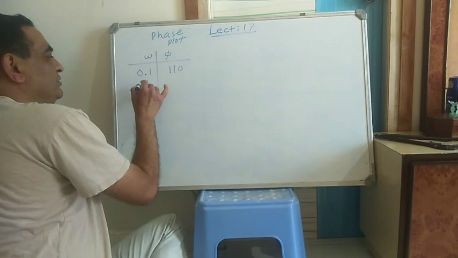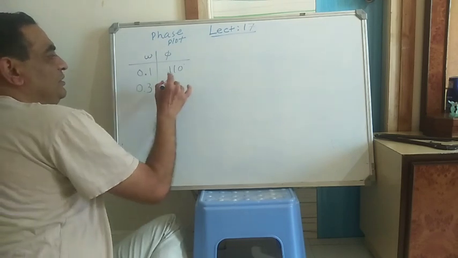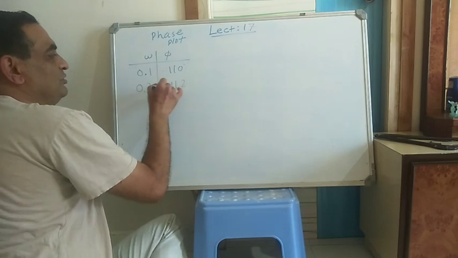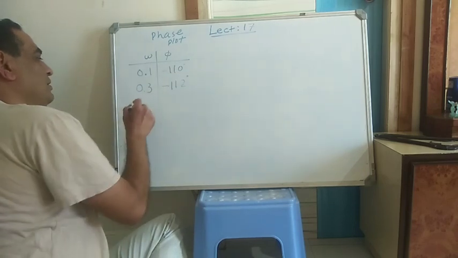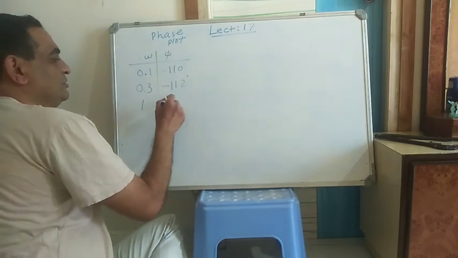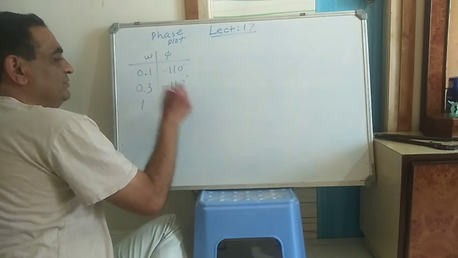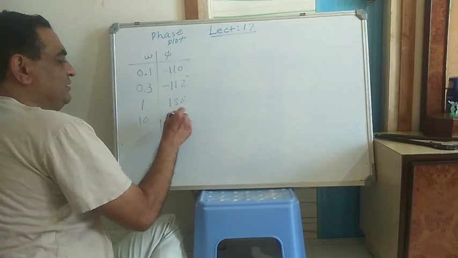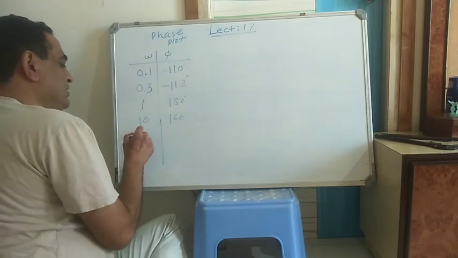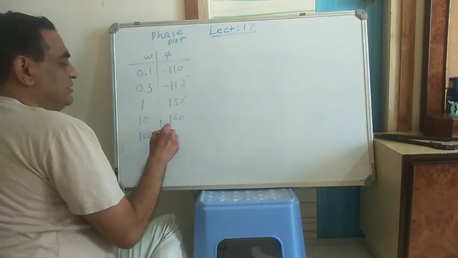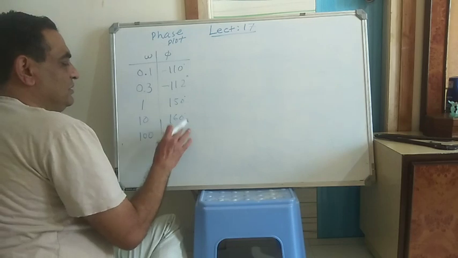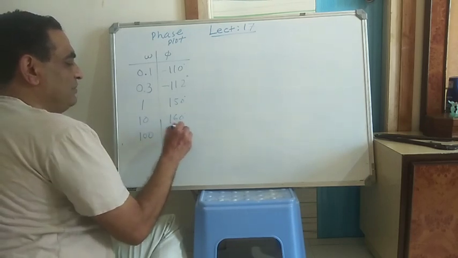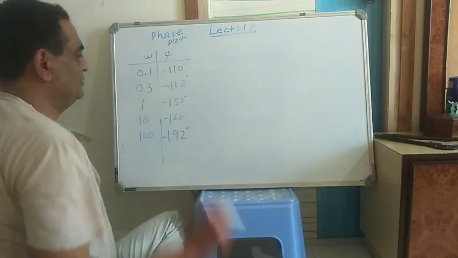Let's say 0.3, it was, let's say, minus 112 degree. Let's say 1, it was minus 150 degree. Let's say 10, it was minus 160 degree. Let's say 100, it is again, let's say, minus 192 degree. Okay, this was the case.